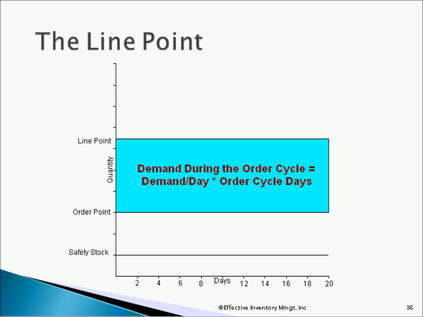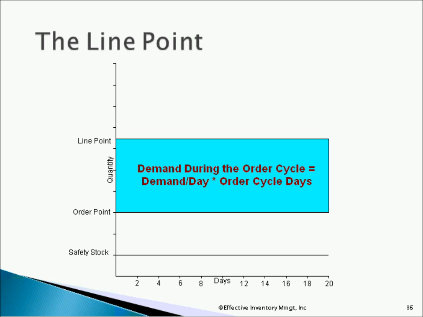Let's say, though, that we have an order cycle of 7 days. We can place an order with the vendor every 7 days. Well, if I'm placing an order today, this is Friday, October 16th, and I have an order cycle of 7 days, I am predicting I'm going to place the next order with the vendor next Friday, October 23rd.